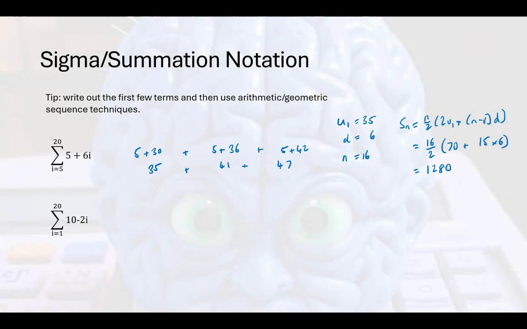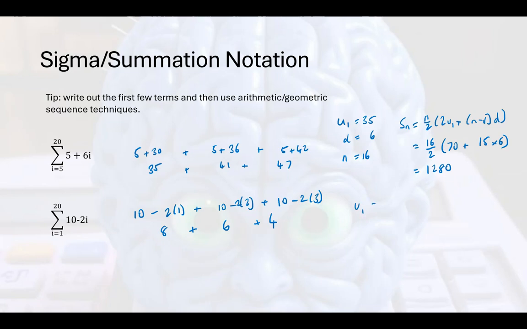Pause and try the next one if this is something you want to crack. So we've got 10 minus 2, which is 8, and then 6, and then 4.